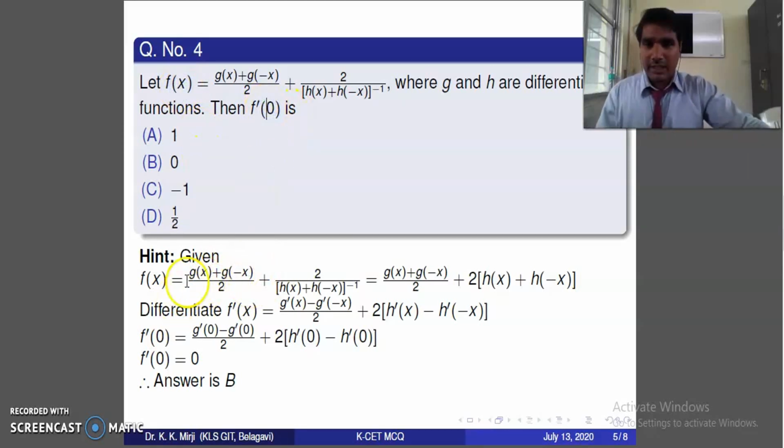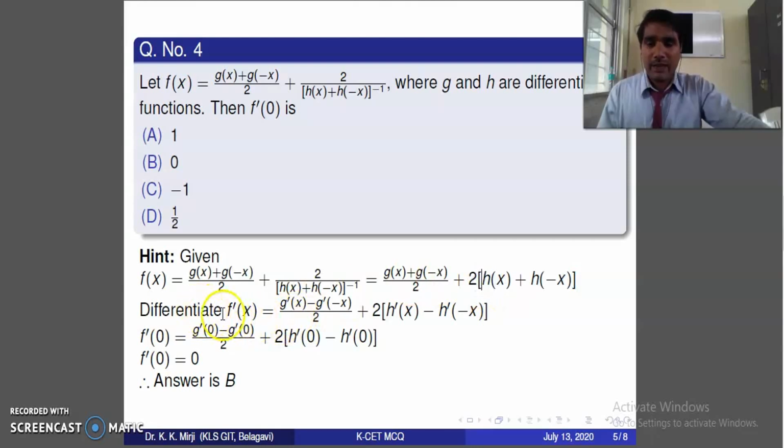So now you can see f of x equals, first, whatever they have given, so we have written the same thing here. Now you can see here 2 divided by h of x plus h of minus x to the power minus 1. In the denominator the power is minus 1, so it comes to the numerator. So here we'll get this one.